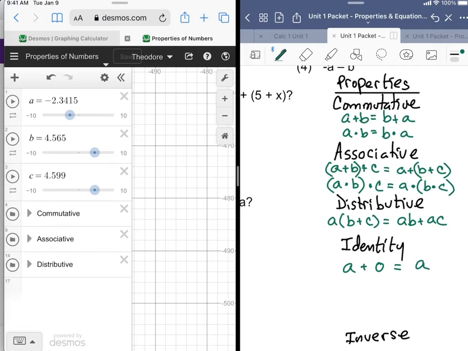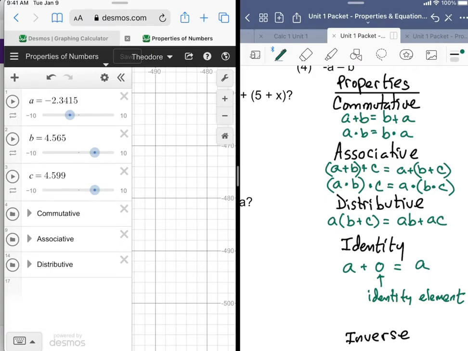So this is what we call the identity element, because that's the number that preserves the identity through addition. So if I take any number and add 0 to it, I'll get that same number.